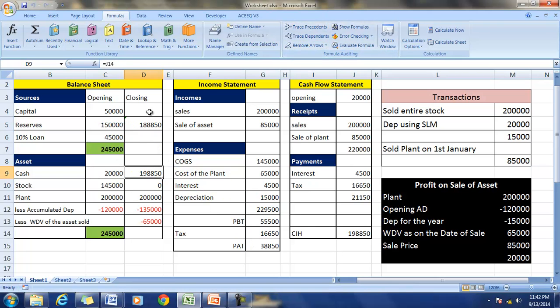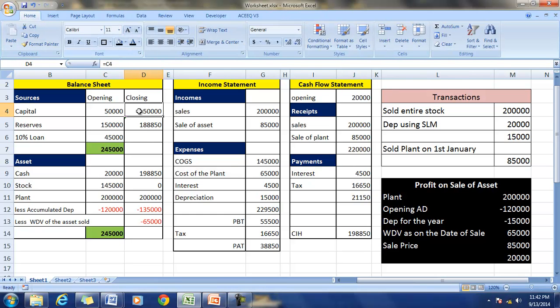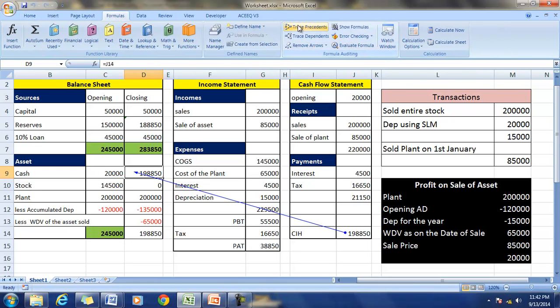Now there are no changes in the capital, no changes in the loan. So the total of the asset side is 283,850, and the total of the sources should also be equal to 283,850. So the cash in hand will be transferred. Cash in hand comes from here.